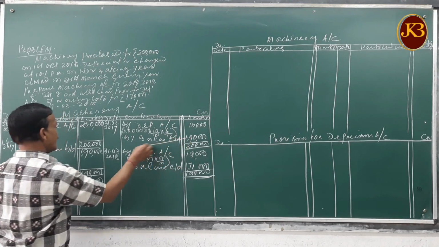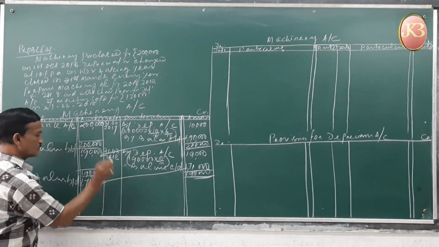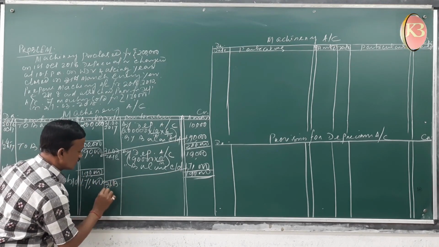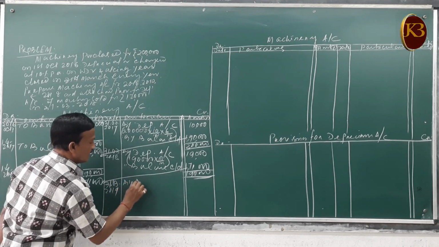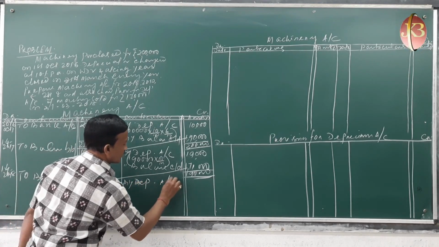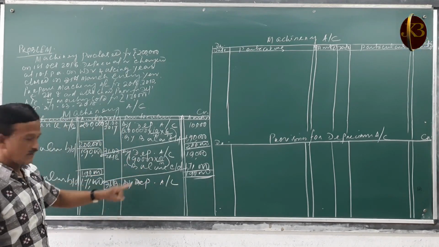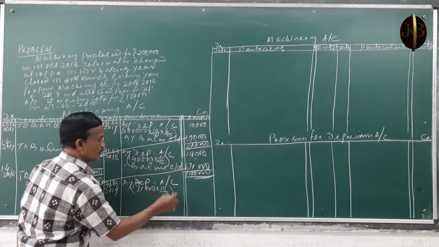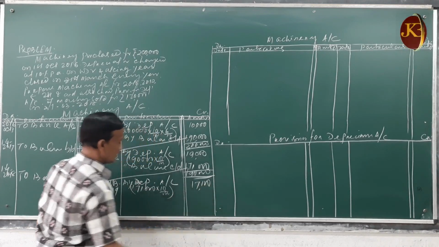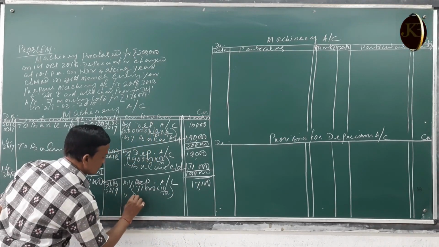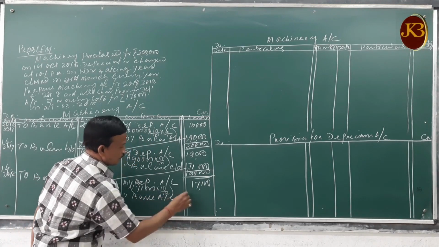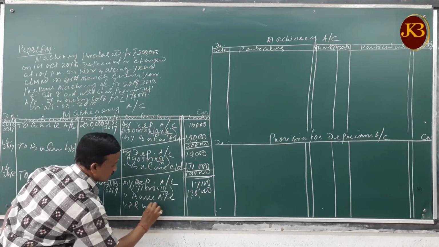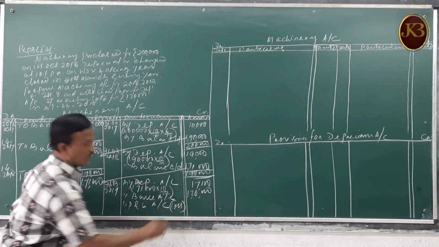On 31st March 2019, by depreciation account, depreciation will be charged for the whole year: 1,71,000 into 10% is 17,100. The machinery is sold by bank account for 1,20,000. The remaining is by profit and loss account, which is the loss on sale.